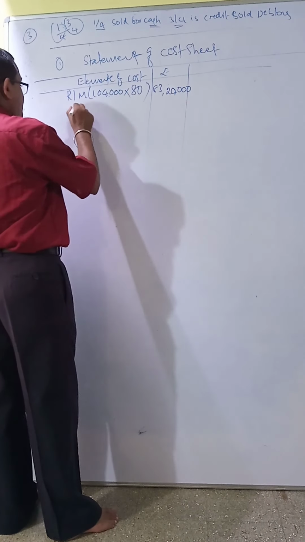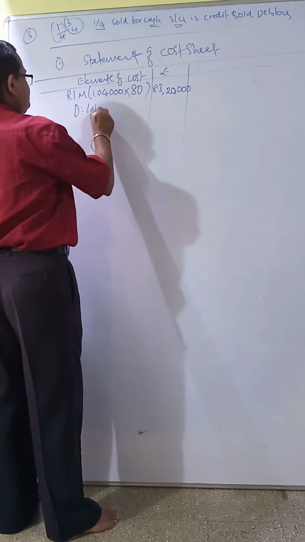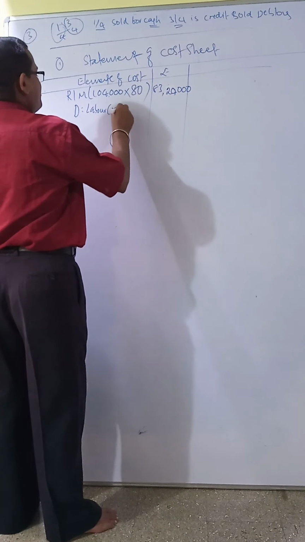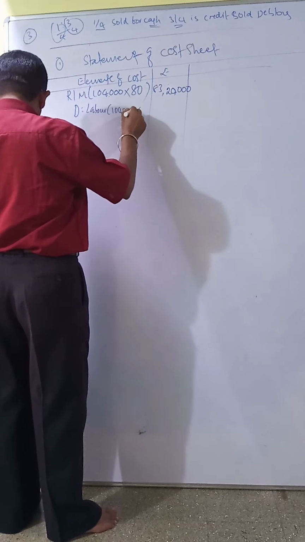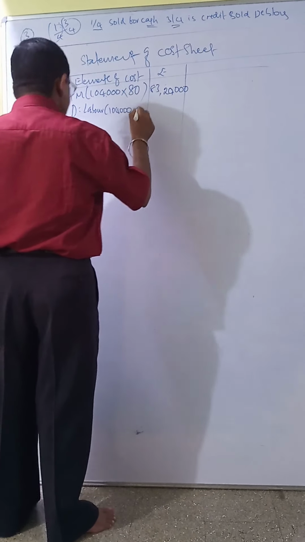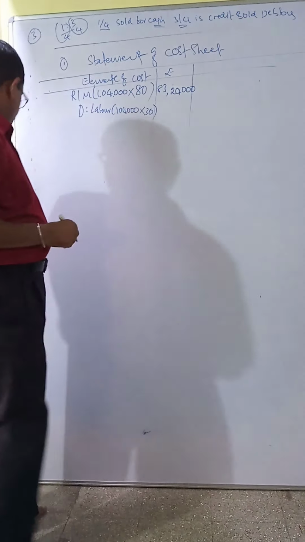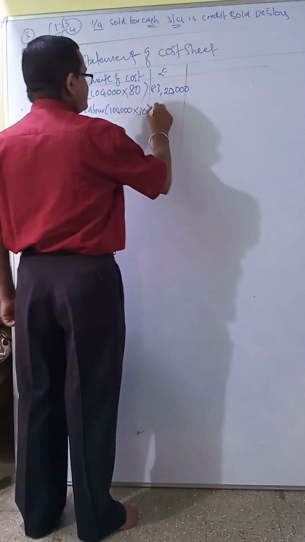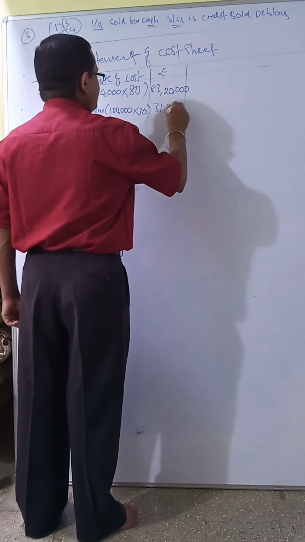Then direct labor. They have given direct labor, so 1,04,000 units into the labor cost of 30 rupees. This gives 31 lakh 20,000.